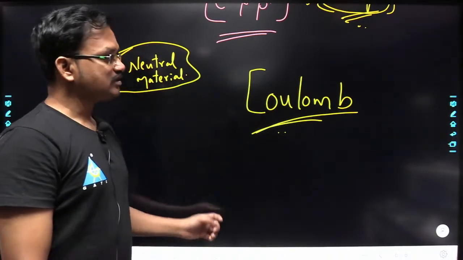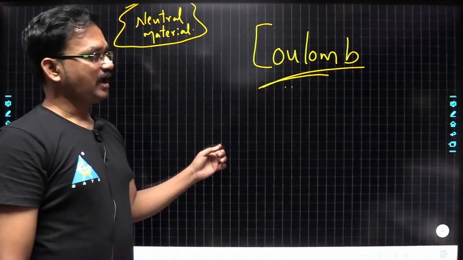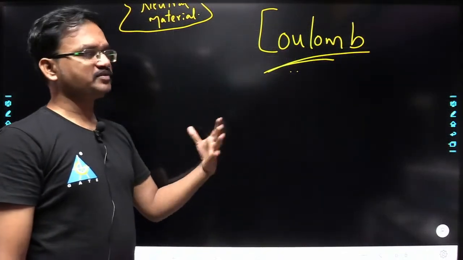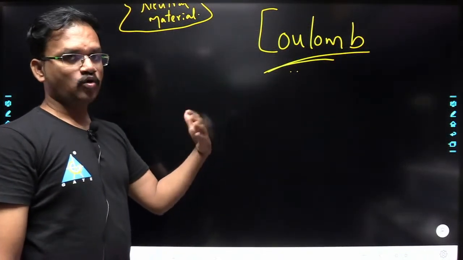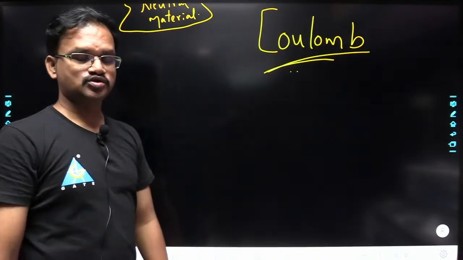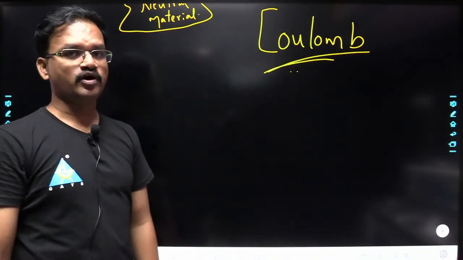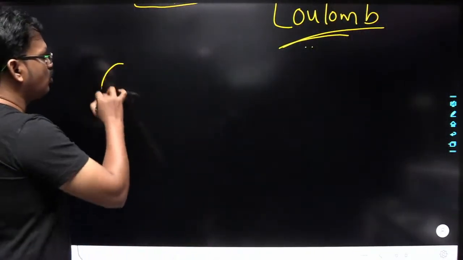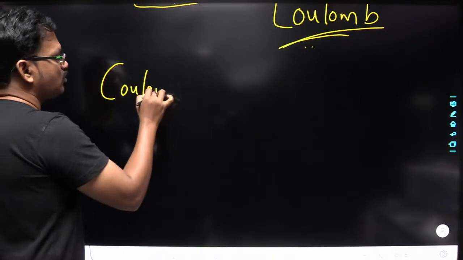So we know that charged particles exert forces on one another. Now if you want to determine the force between any two point charges, Coulomb will help us, and that is given by Coulomb's law.